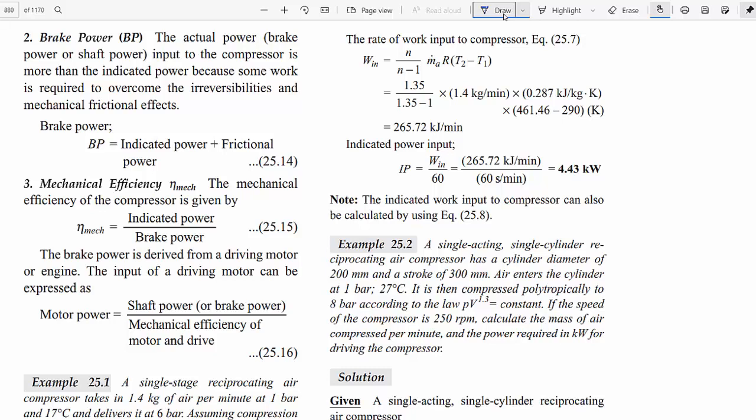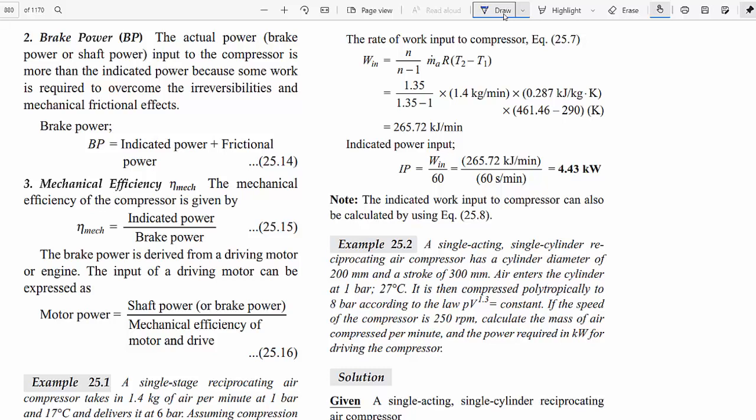But in many cases, the motor is coupled with the compressor through an intermediate gear drive to reduce or increase the speed of the compressor. In that situation you consider the efficiency of the drive also. These are the main important parameters of the single acting or double acting reciprocating air compressor.